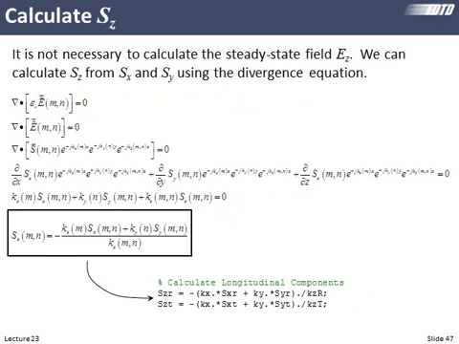So how do we do that? Let's go back to the divergence equation. Remember, originally it was del dot D equals 0. We replaced D with our constitutive relation, so it's del dot epsilon times E equals 0. Well, epsilon in the region where we're calculating these anyway is constant, so it can come to the outside of the del operator.